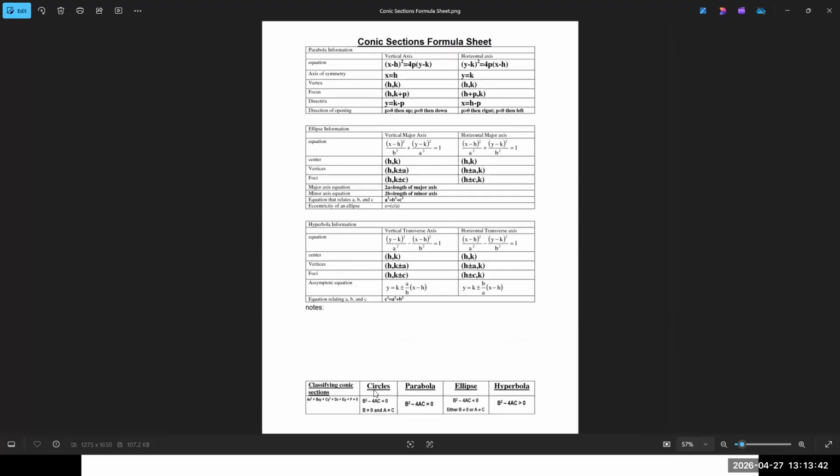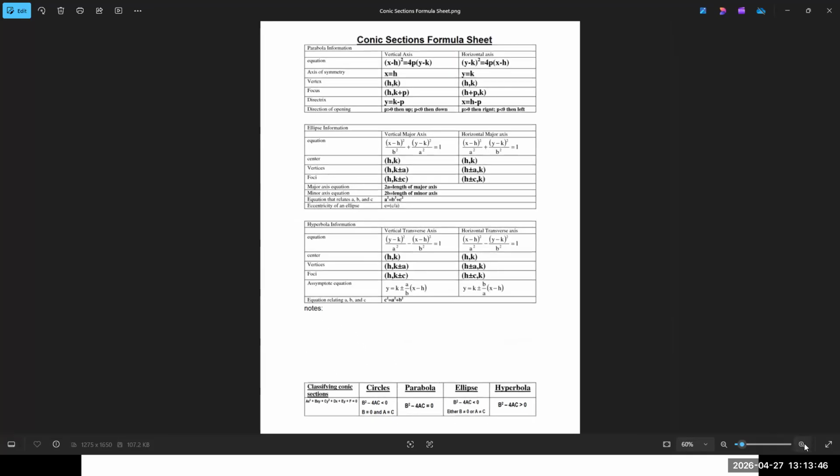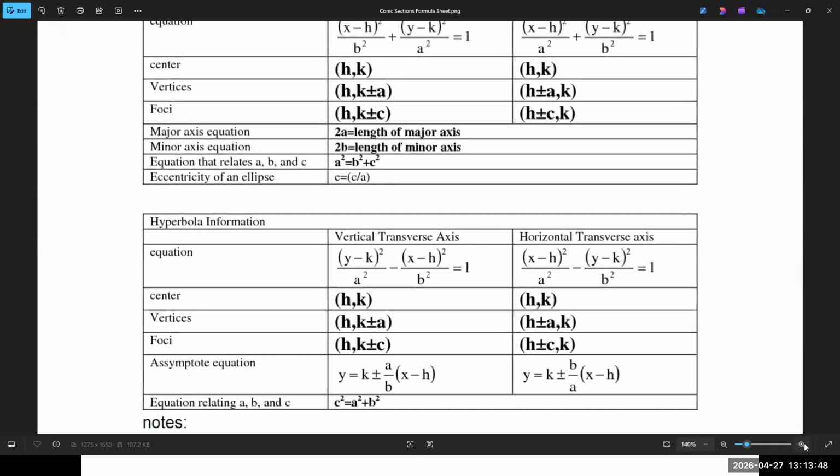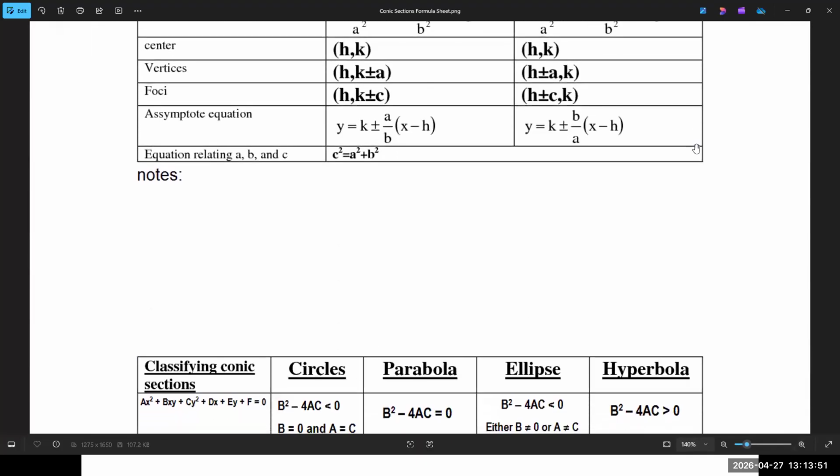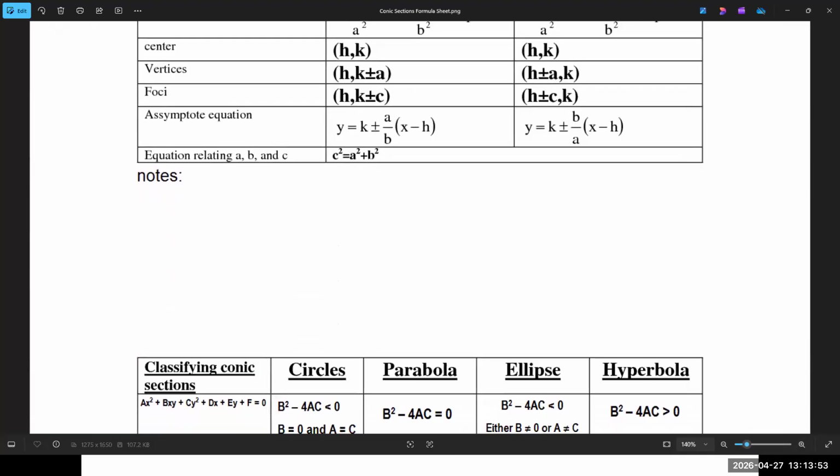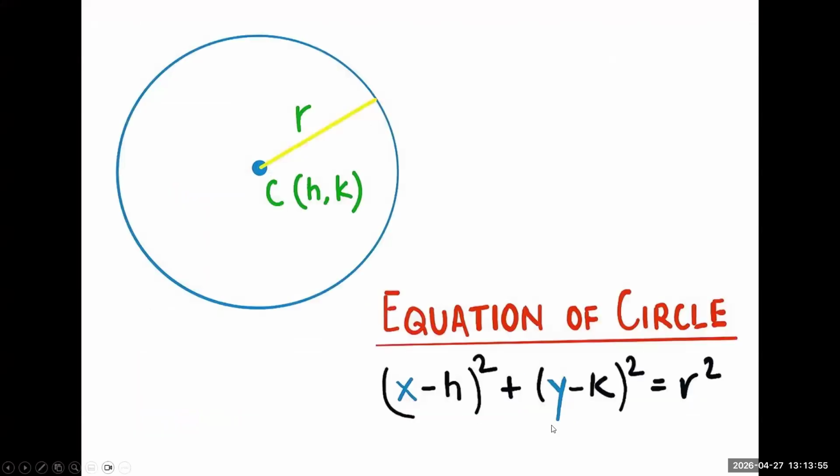And while it says something about circles at the bottom, there is no box for circles. So we're actually going to add circles and we're going to put it in this notes section right here. All we're going to do is just put this equation. So this equation right here is going to go in my notes section.